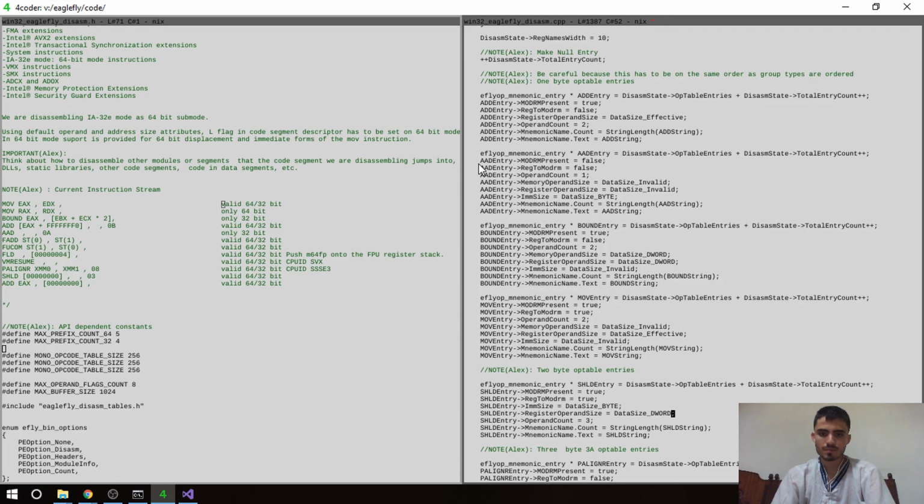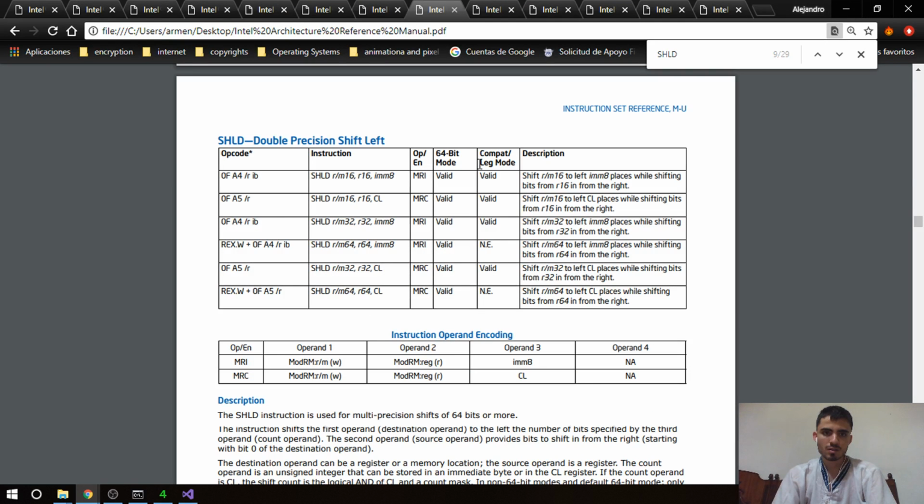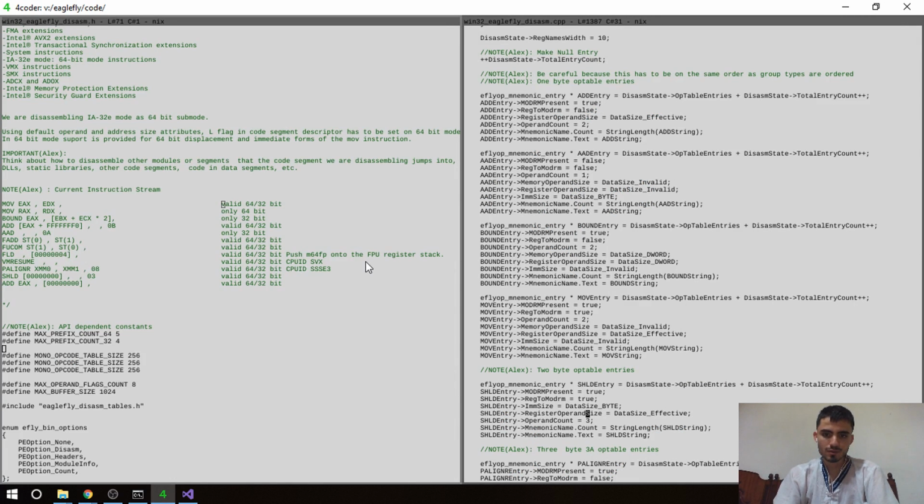Let me see, because I think it's more like effective, but we can check it. We have 0F A4, 0F A4, we have 16, 32, or 64. So yeah, it has to be effective. Most of the time it's gonna be effective if you think about it. It's just special cases where we don't have the effective cases.